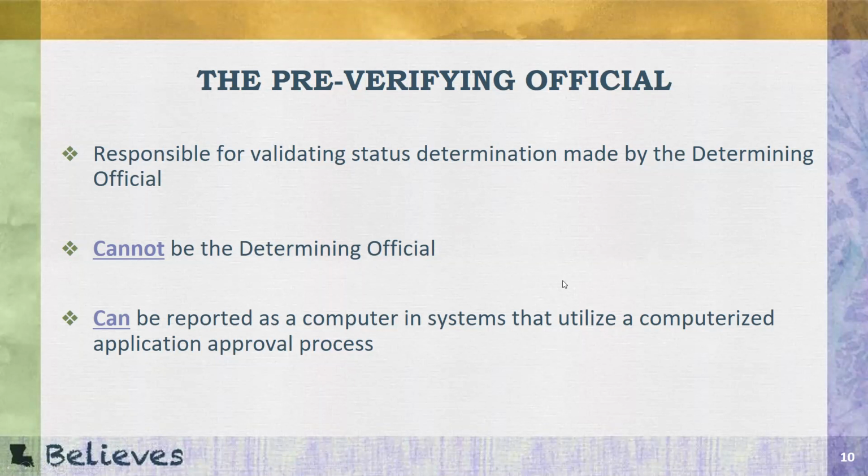When applications are pulled for verification, the pre-verifying official will first check the application to confirm that the status was appropriately determined. This person may not be the determining official. However, the pre-verifying official can be reported as a software program that has the ability to check and approve applications. Collection officials are recorded annually in the CMP online application.